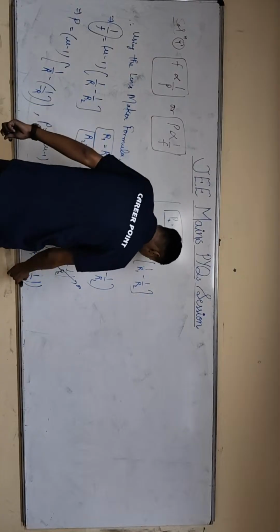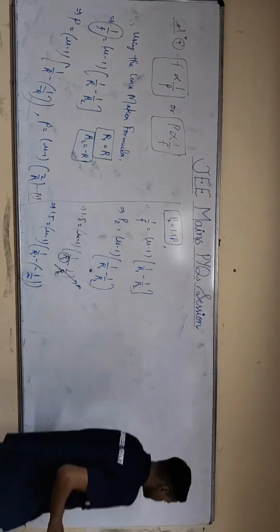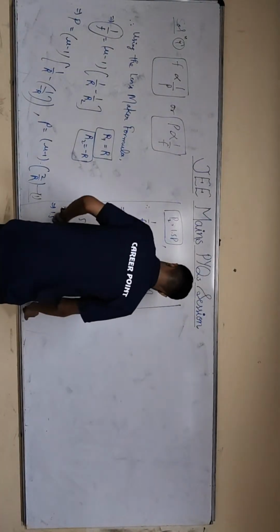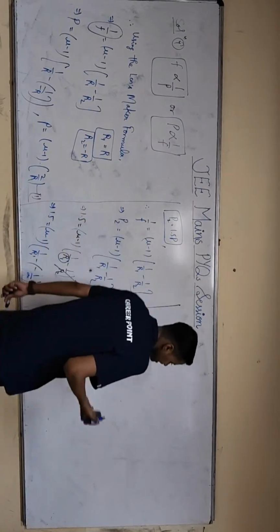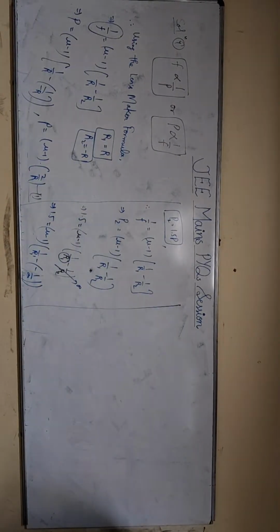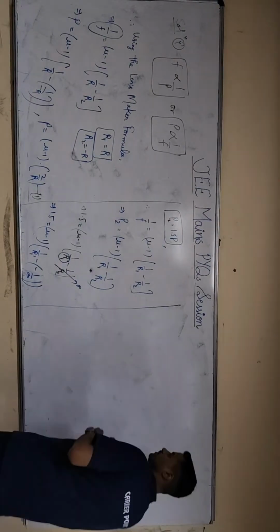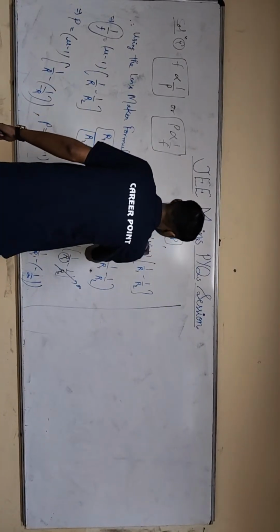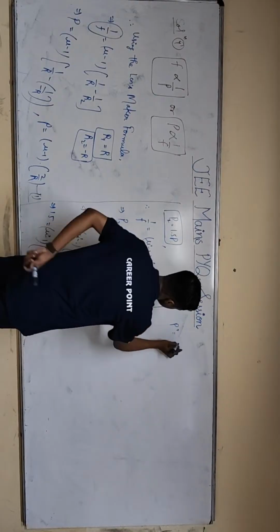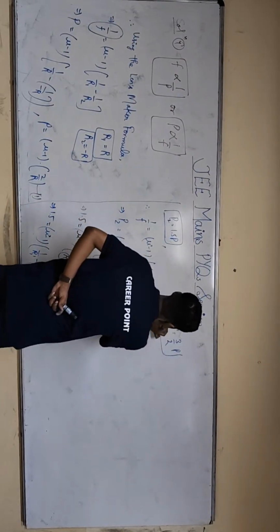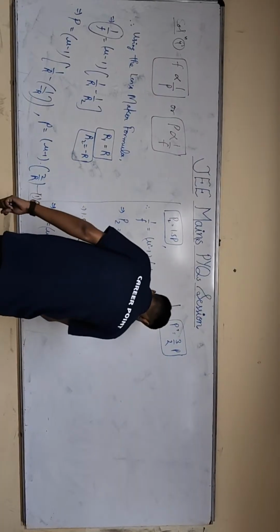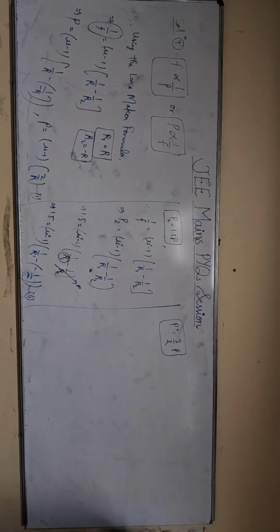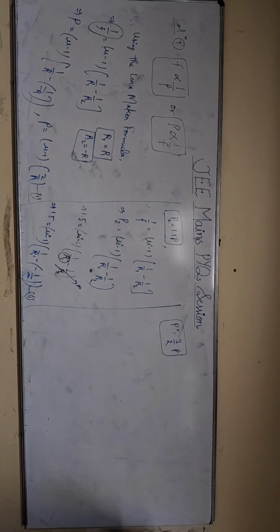So after solving this equation, we get P dash equal to 1.5 P, that is P dash equals 3 by 2 P, with the same mu minus 1 since the material is the same. So we divide this equation by equation 1, and we can get the value and substitute it.